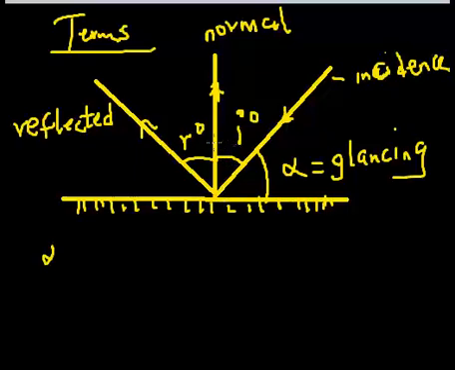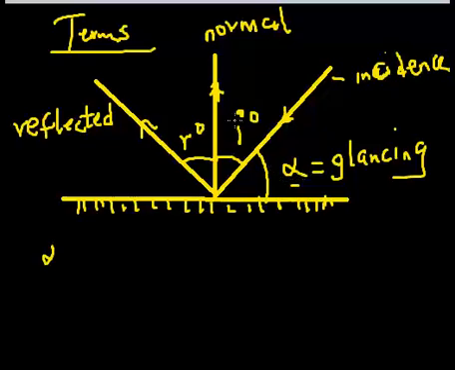If I have my glancing angle and I was not given the angle of incidence, all I need to do is subtract the angle of incidence from 90.